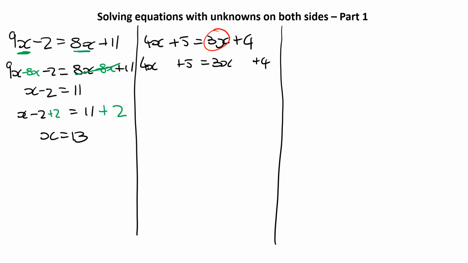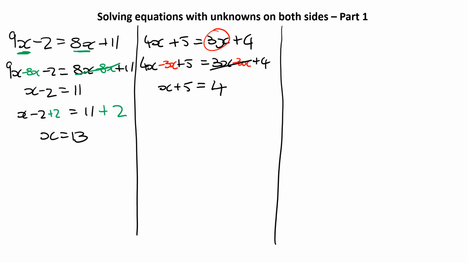Then we're going to go minus 3x, and minus 3x here. What we're going to be left with is, that's going to cancel out, and 4x minus 3x is x, plus 5 equals 4. I'm going to write x plus 5 equals 4.